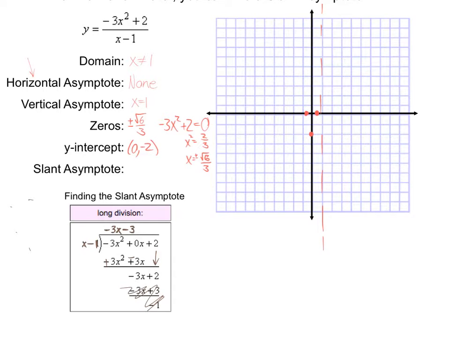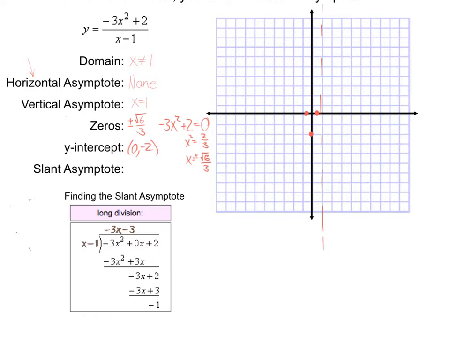Because when we're talking about a slant asymptote, we really don't care what the remainder is. Notice here we got the linear part of this. All that's going to be left is the remainder. It doesn't hurt to go ahead and find the remainder like they did right here, and we have a minus 1 as the remainder.